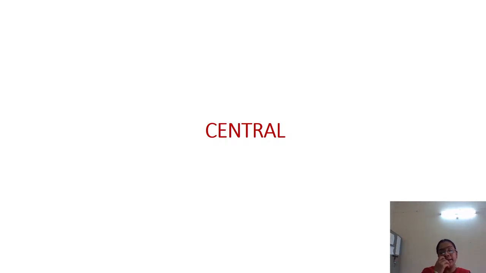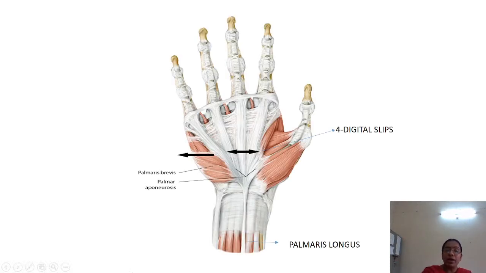The central part is triangular in shape with its apex facing towards the flexor retinaculum and its base towards the palmar crease. So the apex of the palmar aponeurosis continues as the tendon of palmaris longus. That is why we say morphologically it is a degenerated tendon of palmaris longus.